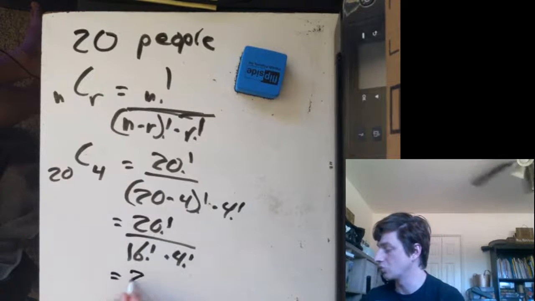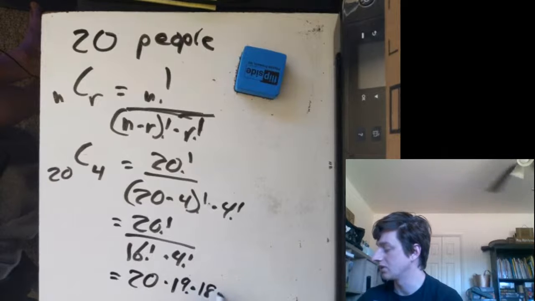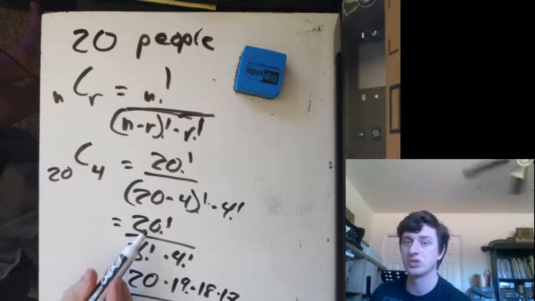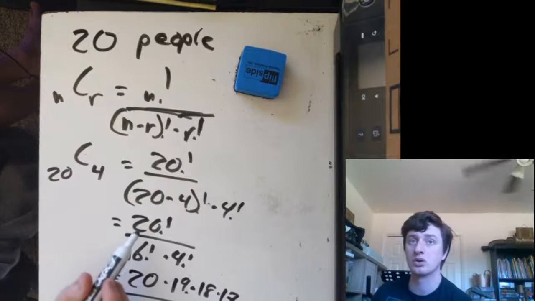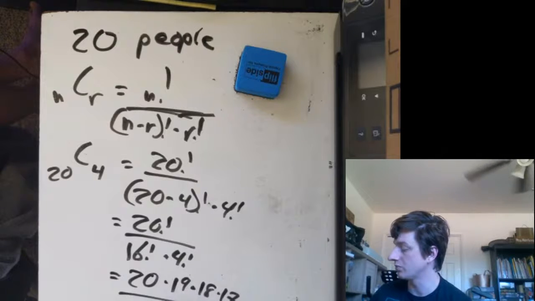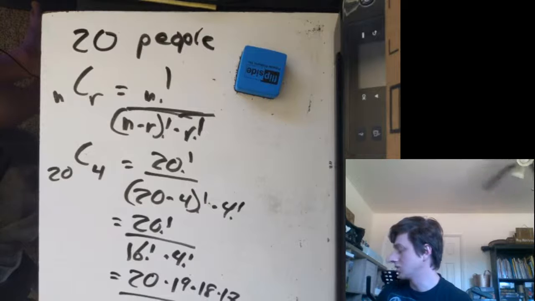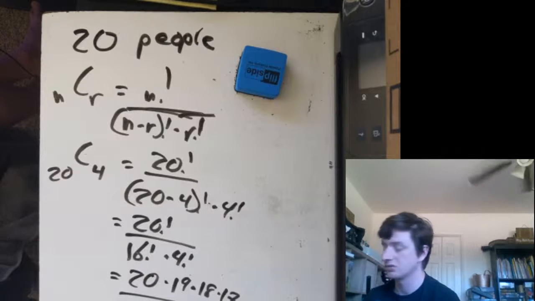This can become 20 times 19 times 18 times 17 divided by 4 factorial. The 16 factorial gets rid of all the factorial multiplication in the 20 factorial. So we're just left with these 4 numbers multiplied, divided by 4 factorial. And we could plug this into the calculator and get some big number.